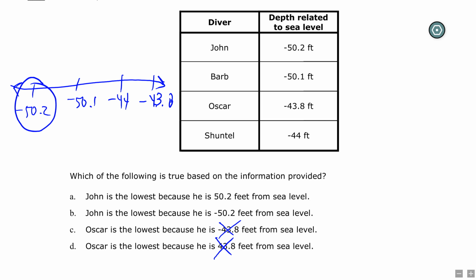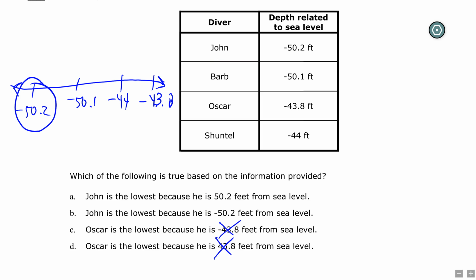So I know that John is in fact the lowest, and I see his distance there. And so we see John is the lowest because he is -50 and 2 tenths feet from sea level. So my only difference here is one is negative and one is positive.